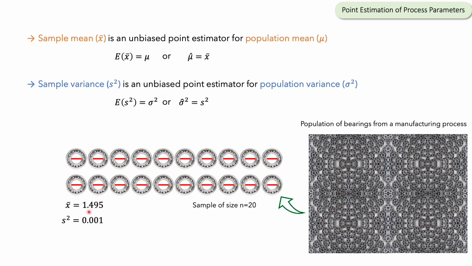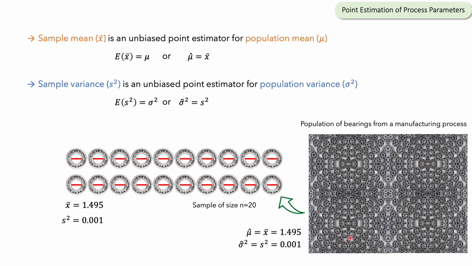Now these will act as estimators for the mean value of the inner diameters of all of this population, and also the variance. Therefore we can write: the estimated value of mu, the population mean or the mean inner diameter of all these ball bearings, is equal to the sample mean, 1.495.